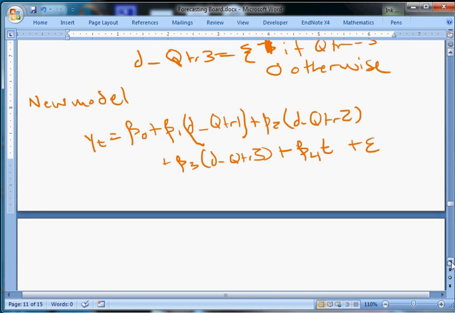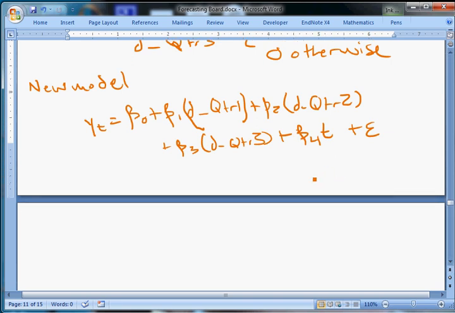Now, how do we interpret this? First of all, beta 4 will give us our trend. So that's good. We will have solved the seasonality problem, assuming it's a linear seasonality problem. This assumes that the quarters are just adding or subtracting a fixed level amount. That's not a great assumption, but fine for our purposes for now.